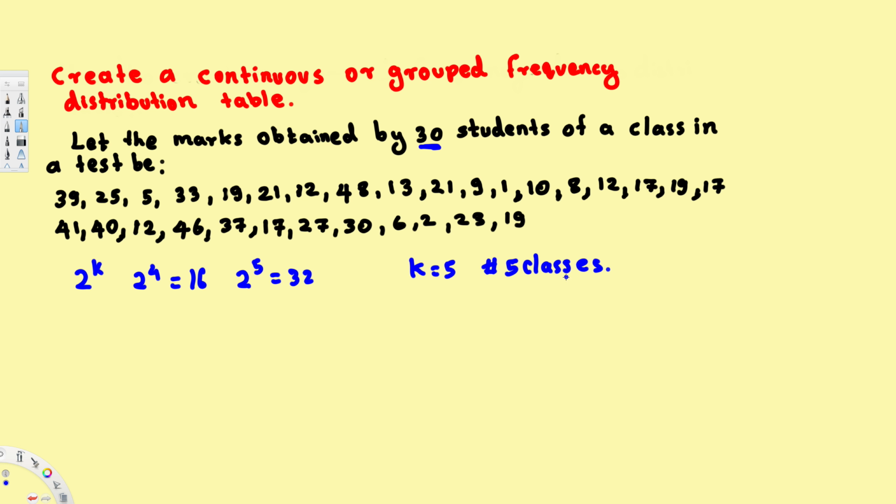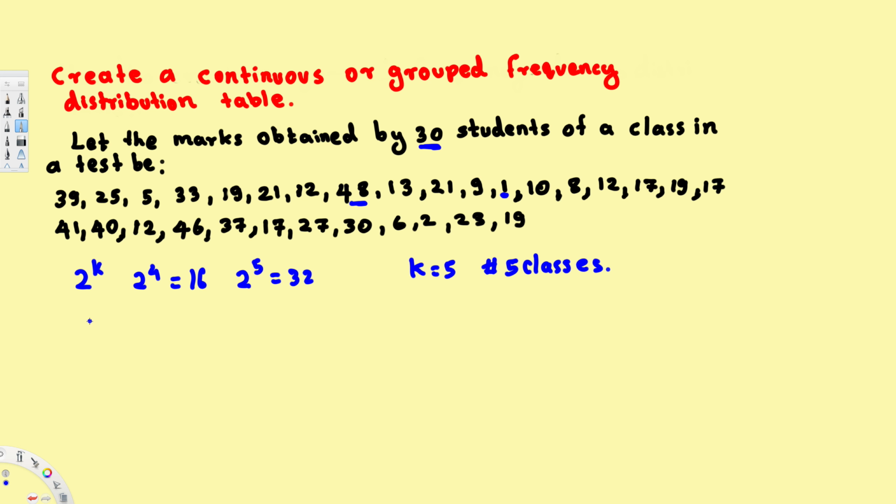Now we have to find the class range. To find the class range, we look at the minimum number and maximum number, I mean the highest number and the lowest number. Here the highest number is 48 and the lowest number is 1, right?